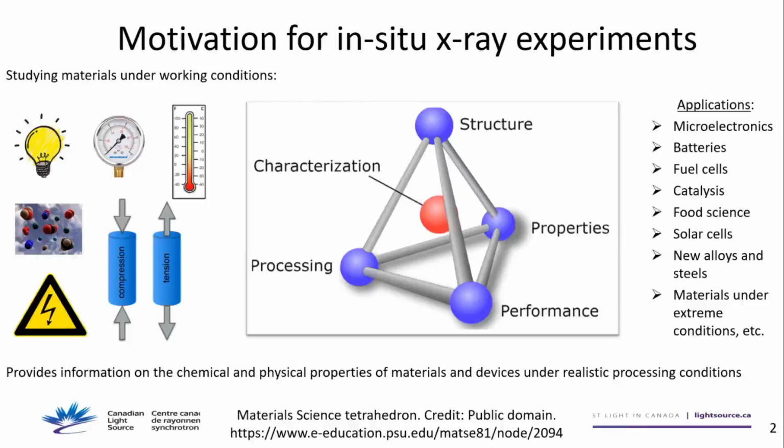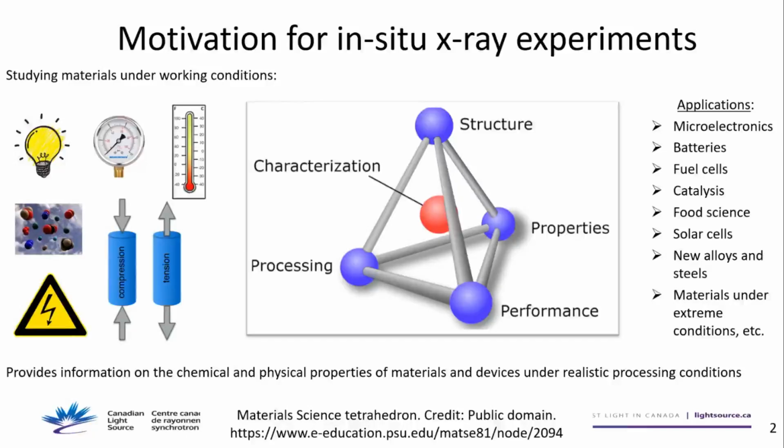Let's say if it's a battery, we're going to bring our battery cycler and cycle it back and forth and see how the structure changes. So we're doing the characterization. And this is the property tetrahedron, showing that all these structure, properties, performance, processing, they're all interrelated in a material.